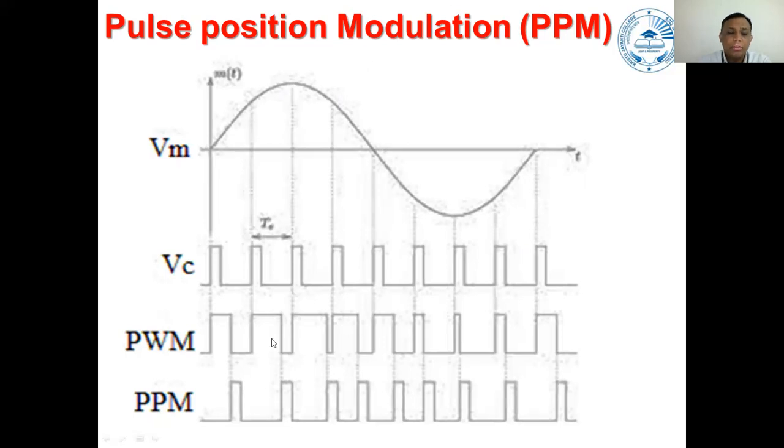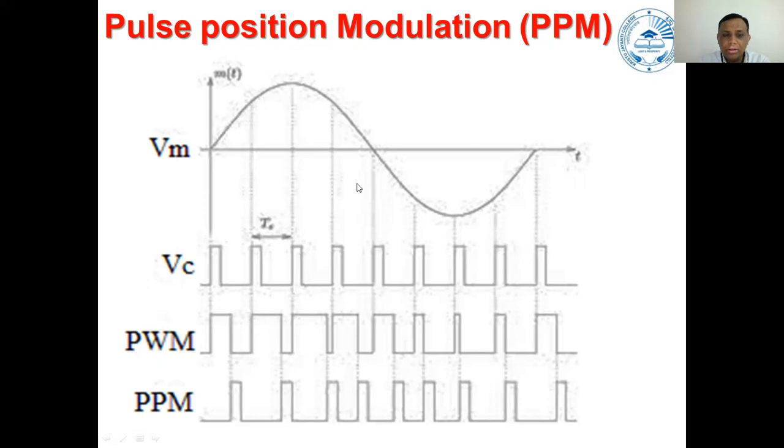Now, pulse position modulation can be obtained from pulse width modulation. First we obtain the pulse width modulation. As the modulating voltage is increasing, the width of the pulses is also increasing. Here the modulating voltage is maximum, so the width is also maximum.